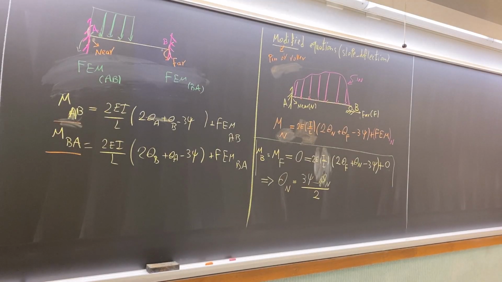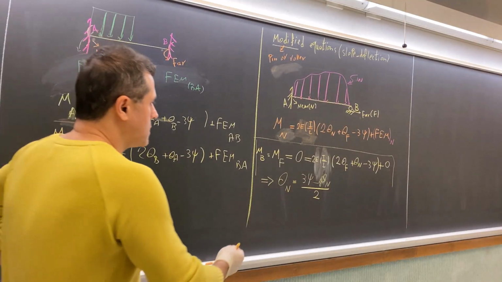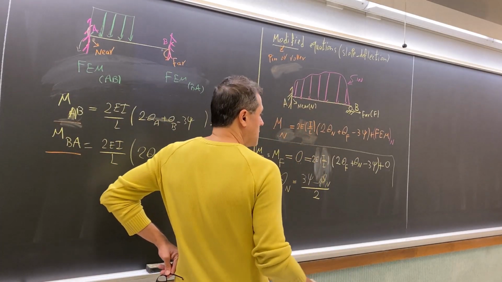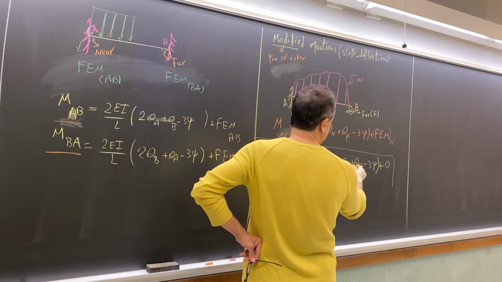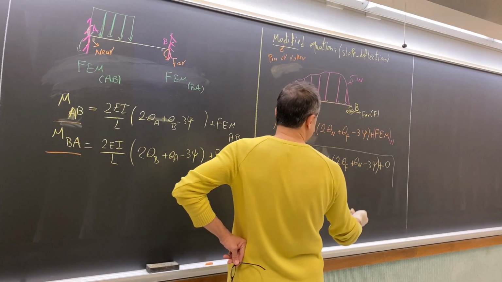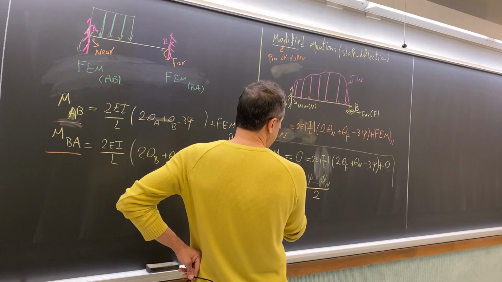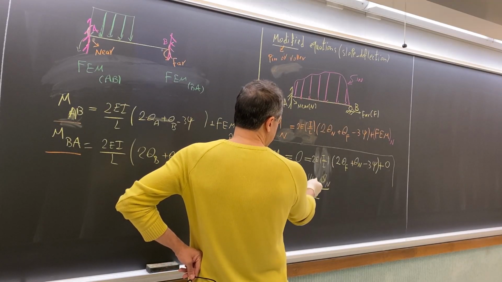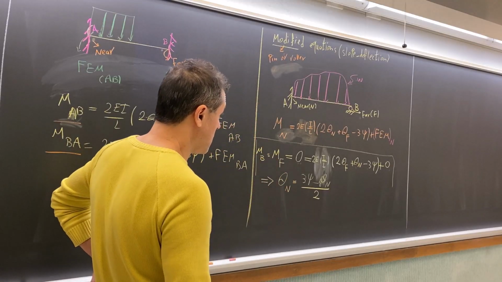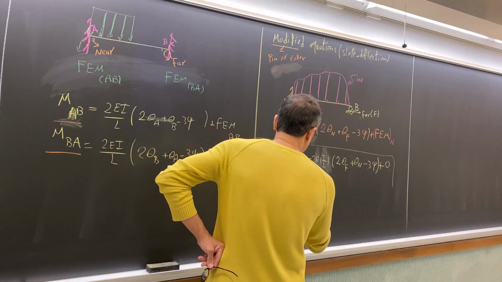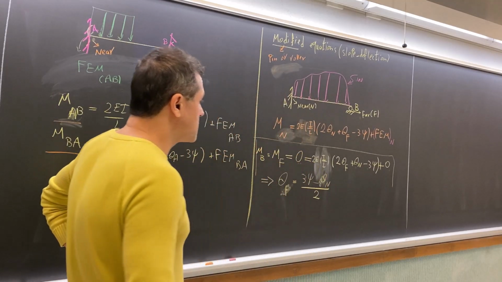I'll give you time to look at it. Because this side of the equation is 0, you just cancel 2EI over L, and then we have 2 theta F plus theta N minus 3 psi equal to 0. And then from there, you find theta F in terms of theta N and psi.